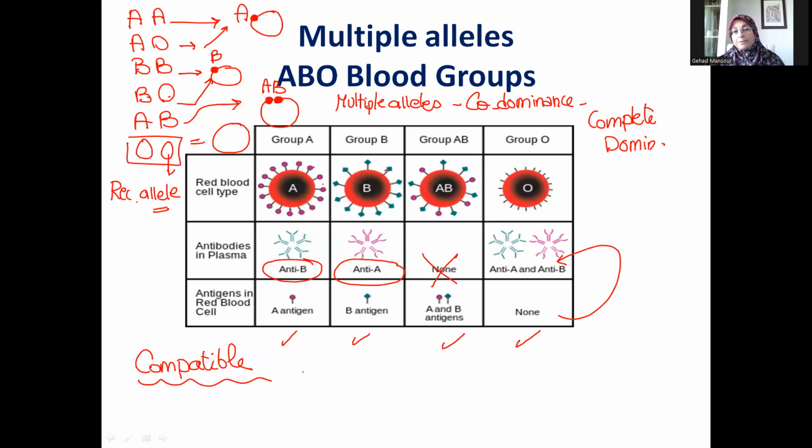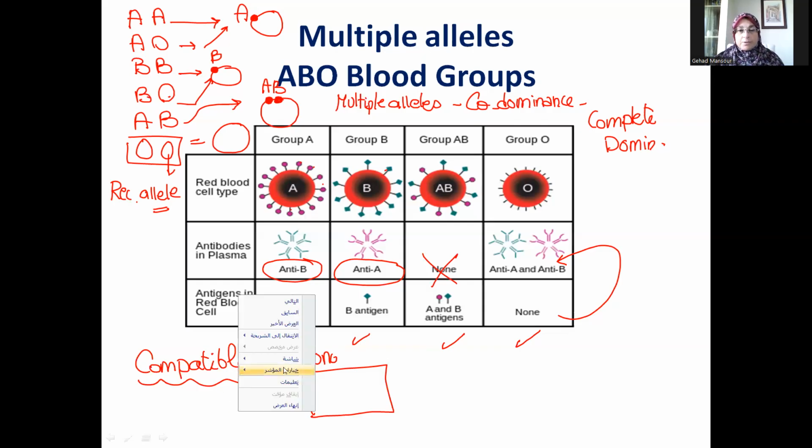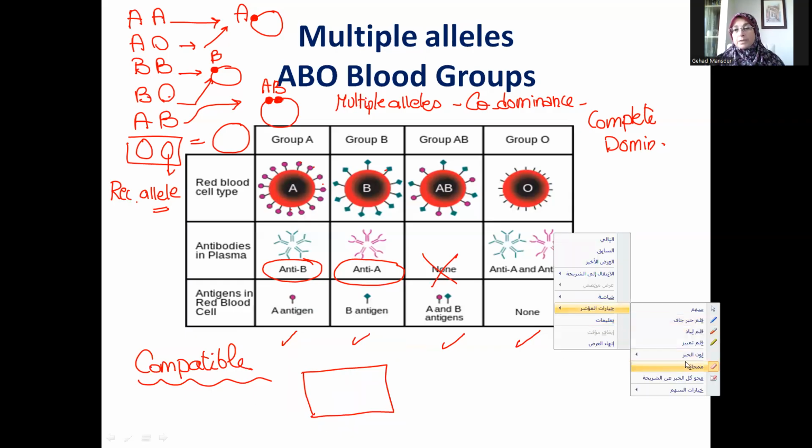So compatible blood transfusion means that the donor's plasma, the recipient's plasma, what is important is the recipient's plasma.